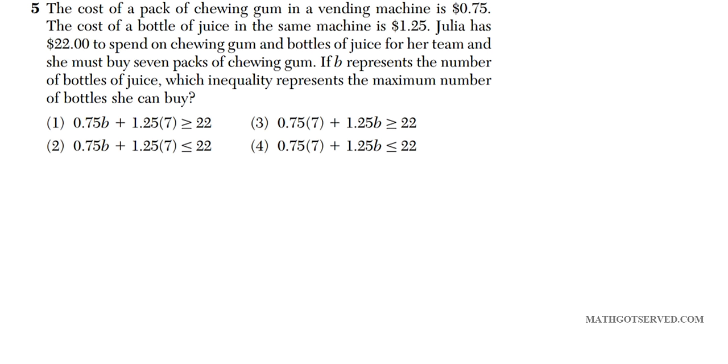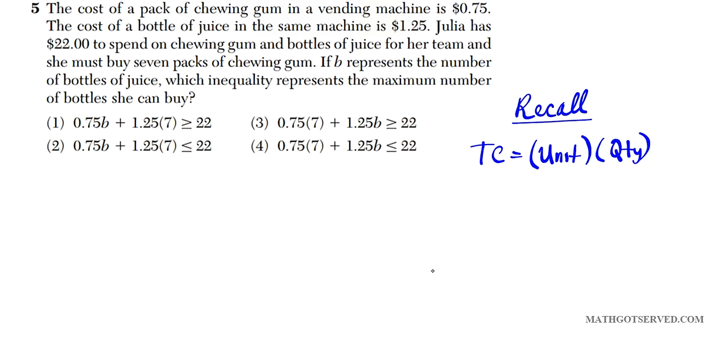Okay, let's refresh our memory, even though we just did a problem on that. Recall that the total cost is the unit price multiplied by quantity. All right, so here we are dealing with 2 items, gum and juice. Okay, so let's do them independently, and then we're going to formulate an inequality afterwards.